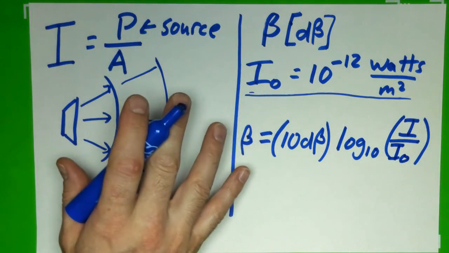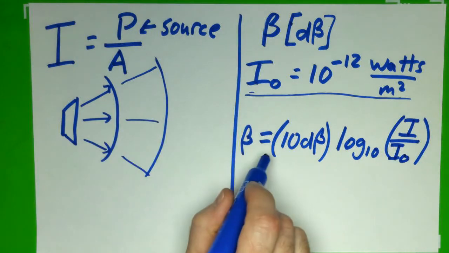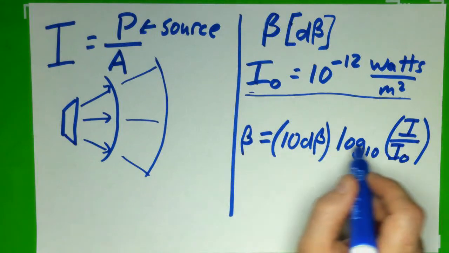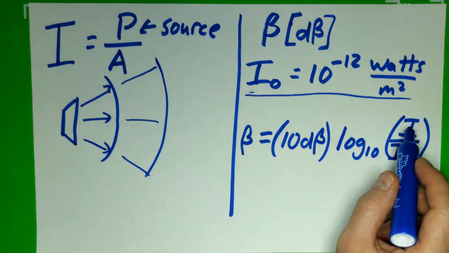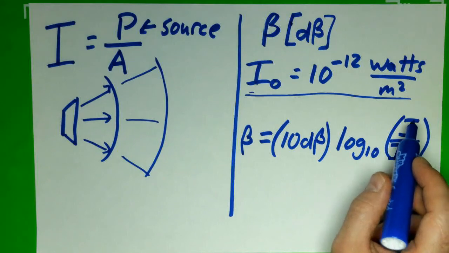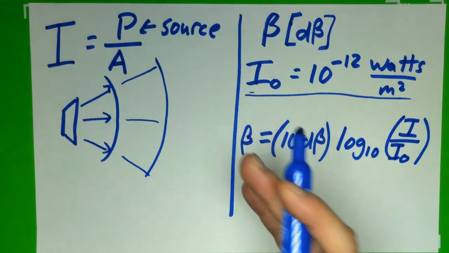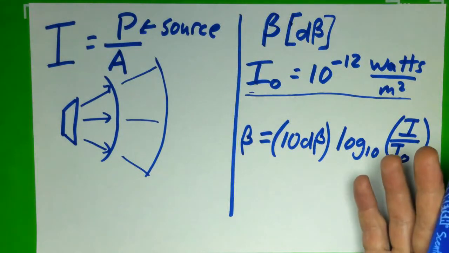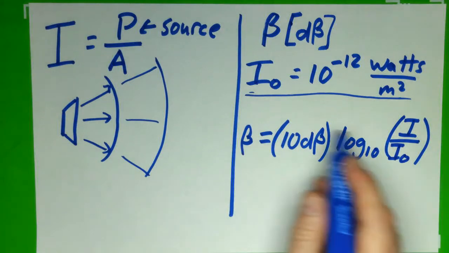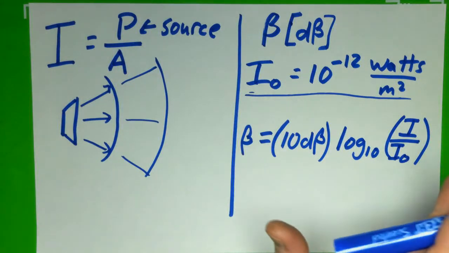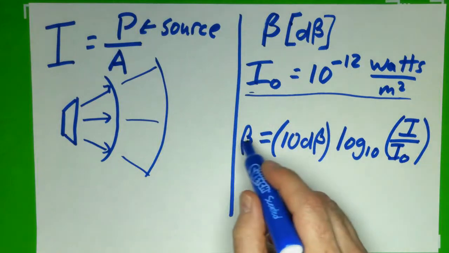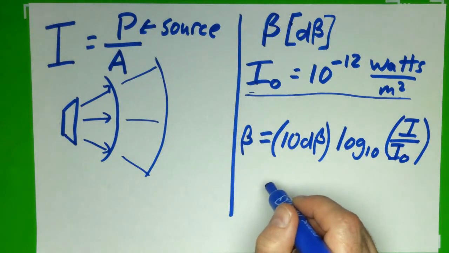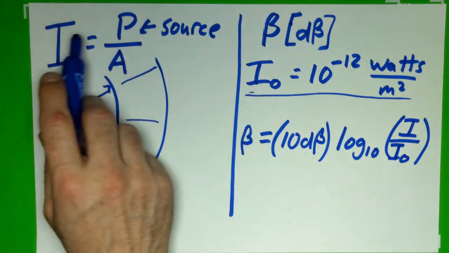It's like, who came up with that one and why on earth? Well, what's cool about it is this: by doing it this way, when you get to an object that appears to be twice as loud, this gives a relative value that seems to be mathematically similar to that.